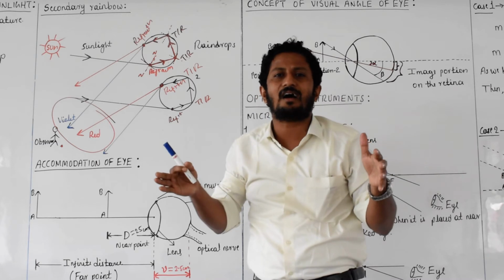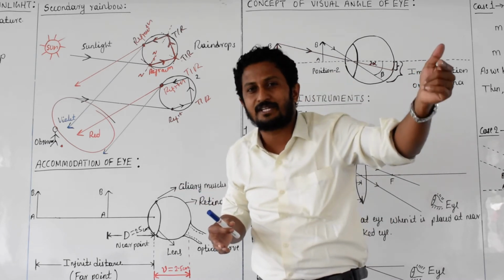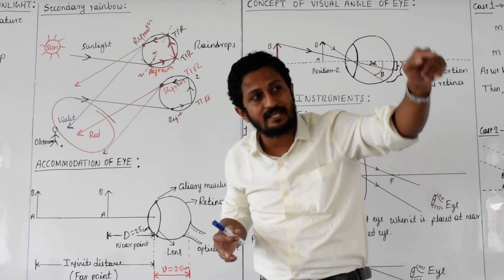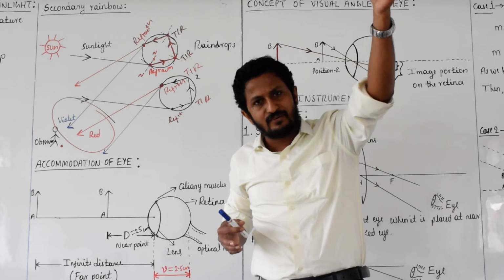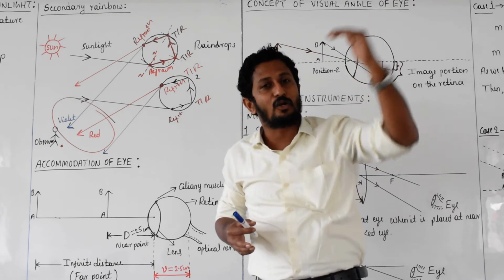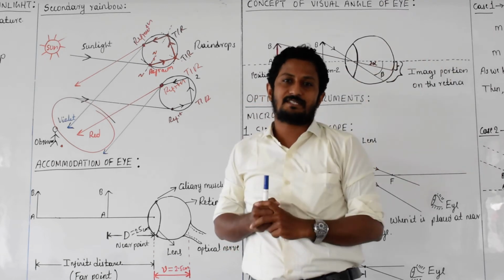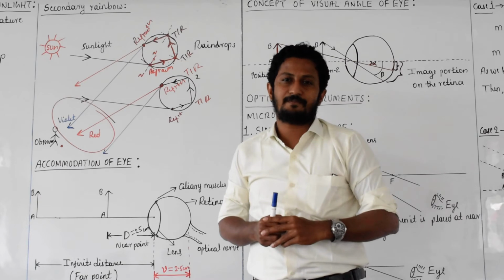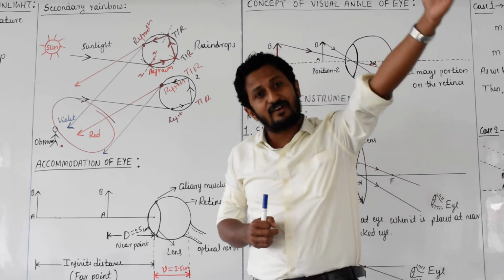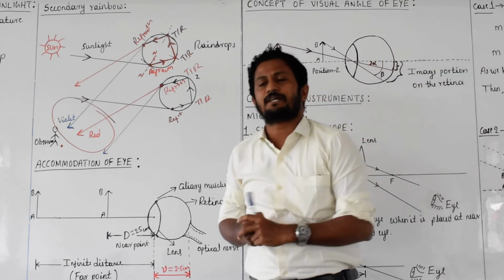For a normal eye, that farthest point is infinity. It means that up to infinite distance, a normal eye is able to see objects. That we call the far point.